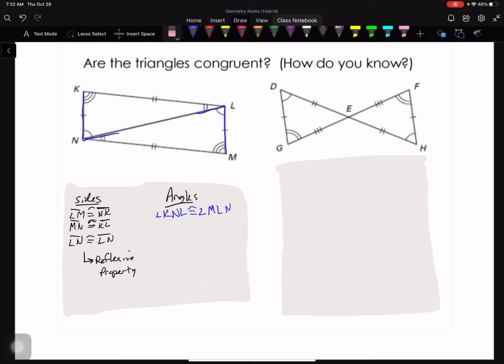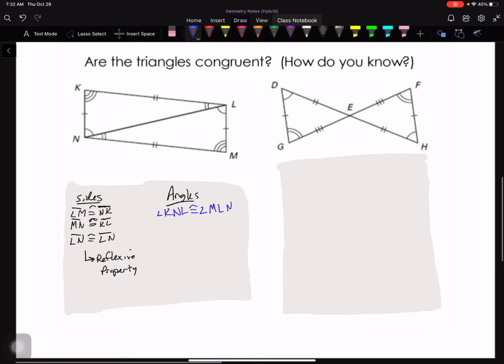Okay, there's the one arc. The second arc, we can go KLN. KLN is congruent to angle MNL.